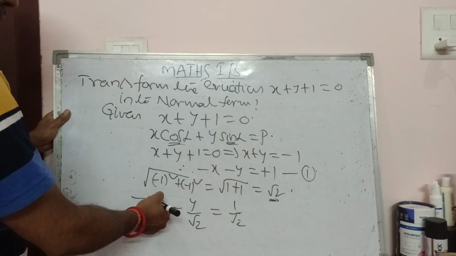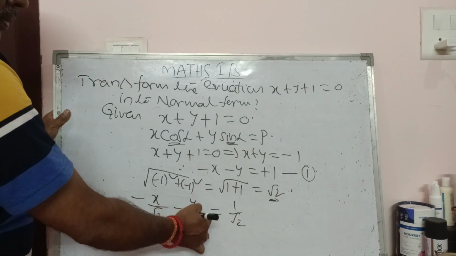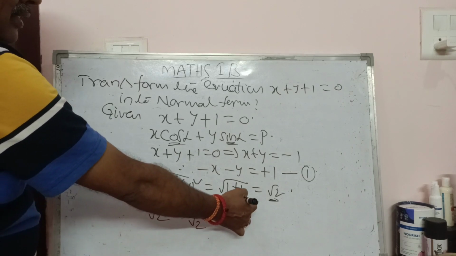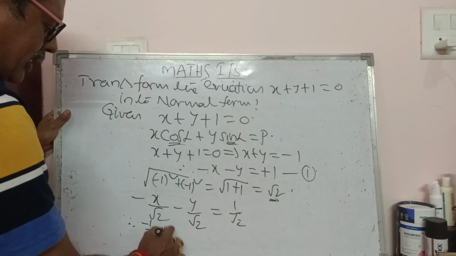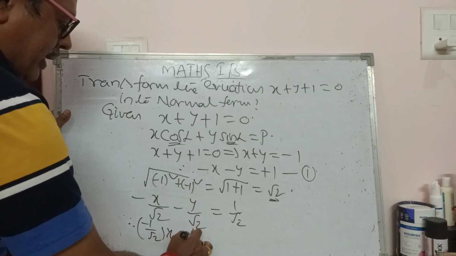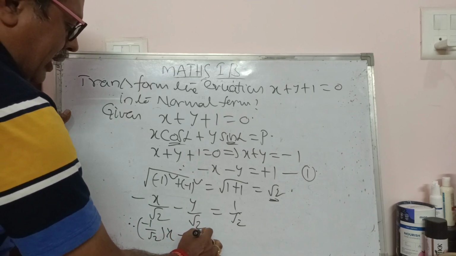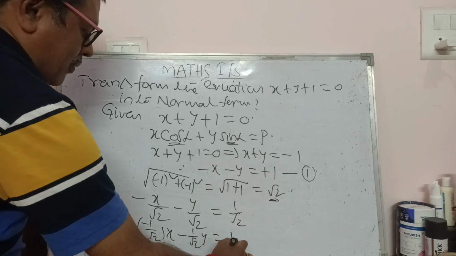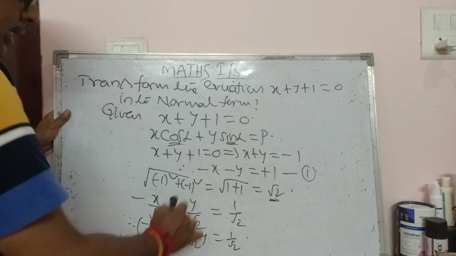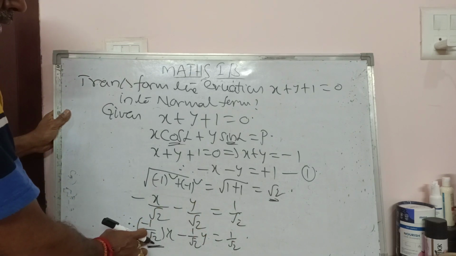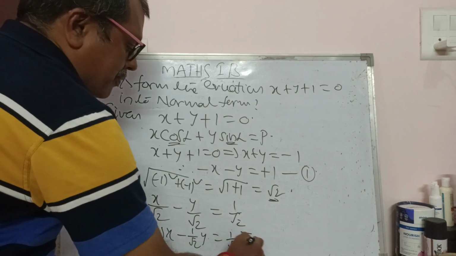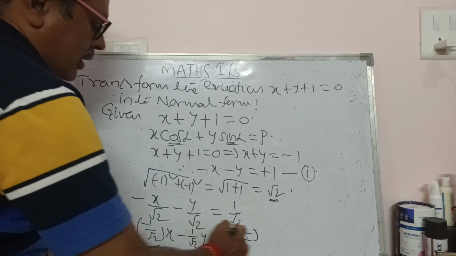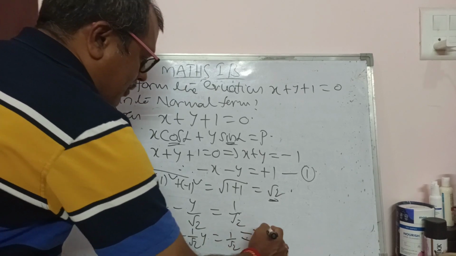Thereby it becomes a by root a square plus b square, b by root a square plus b square, c by root a square plus b square. Therefore, minus 1 by root 2 into x minus 1 by root 2 into y is equal to 1 by root 2. Here minus 1 by root 2 is cos 225. What is the value of cos 225? Minus 1 by root 2.